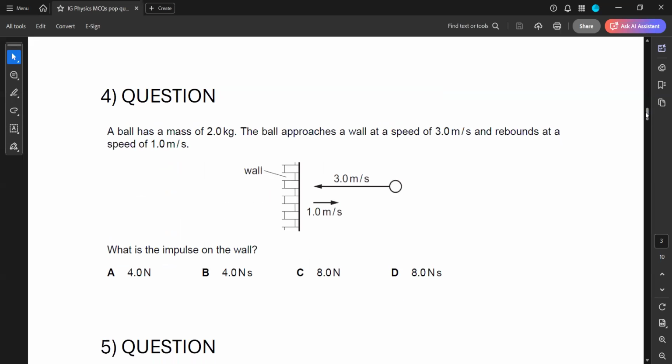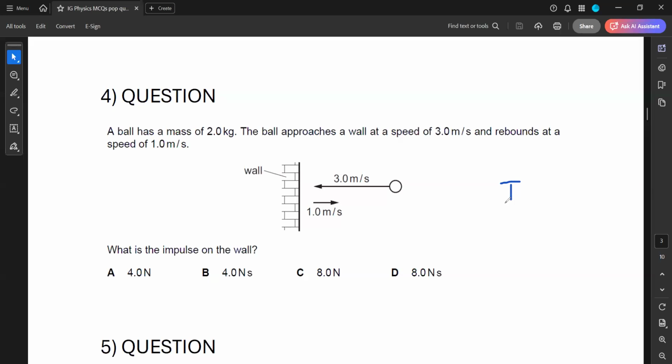Question four. Any doubt in question four? No, sir. No doubt in question four? Yes, sir, I do have a doubt on question four. Okay. Look, in this question, we need an impulse. What is the formula for impulse?